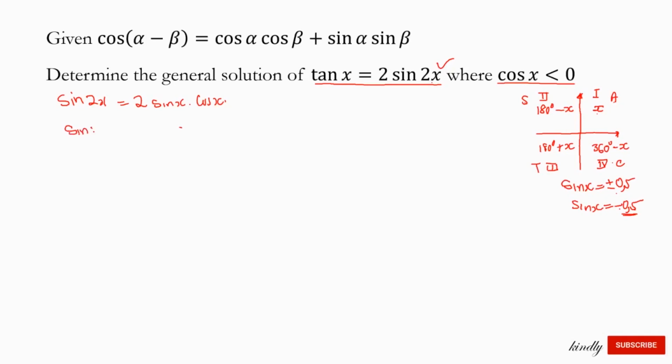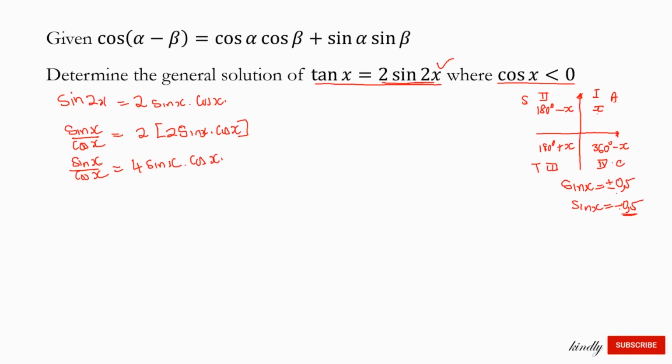So we have sine x over cos x is equal to 2 times sine 2x, which is 2 sine x times cos x. Then we have sine x over cos x is equal to 4 sine x times cos x. And then we multiply both sides by the LCD here, which is cos x, to get rid of the denominator.